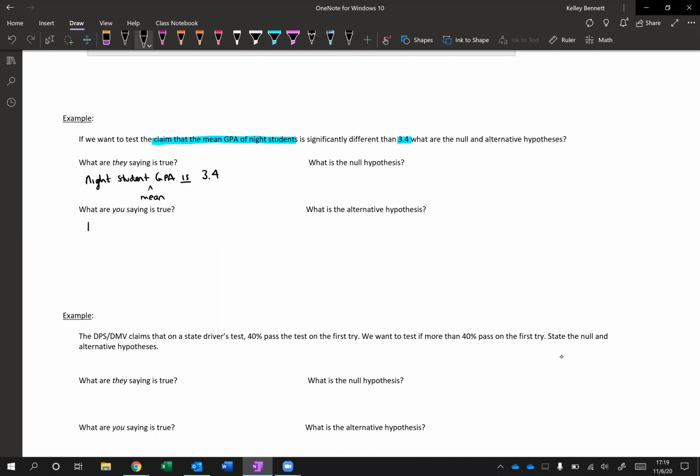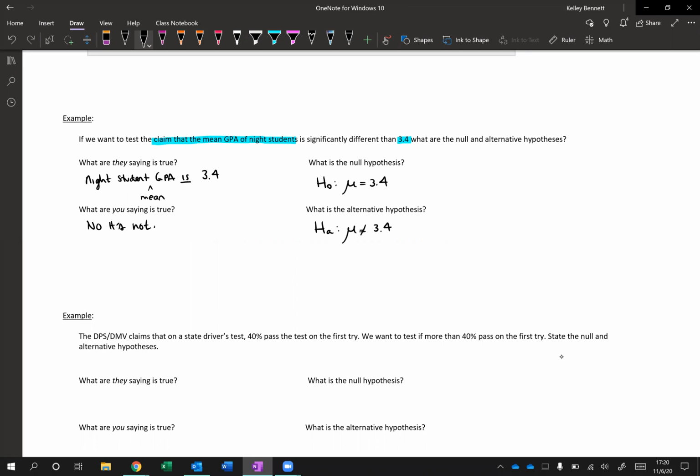And we're saying, no, it's not. So in terms of null and alternative, H naught is just that mu equals 3.4. And if I'm saying no, it's not true, it's really as simple as just writing down mu not equals 3.4. They're telling us it's 3.4 and we're saying no.